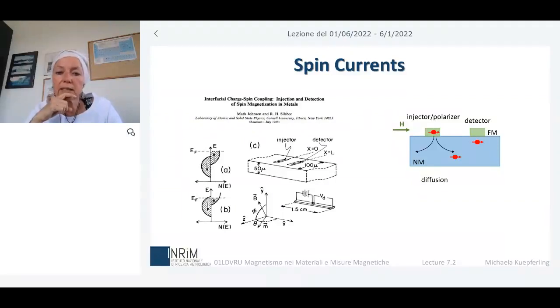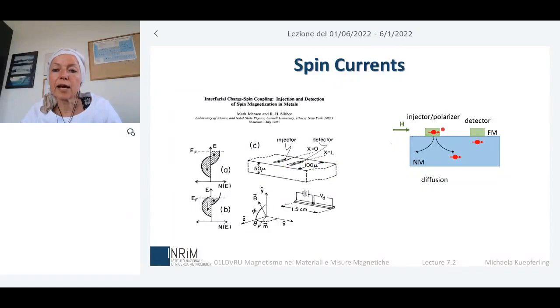One fundamental experiment and also theory was done by Johnson and Silsbee in this paper here, as you can see. And you can see here a non-magnetic, paramagnetic material, metal, something. And on top, we have these stripes here of ferromagnetic material. And they are connected electrically so that we can inject currents. And you see here, one is called injector, the other is called detector.